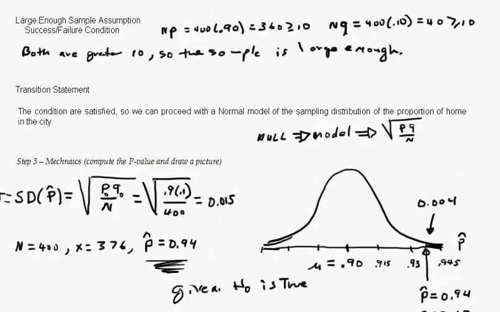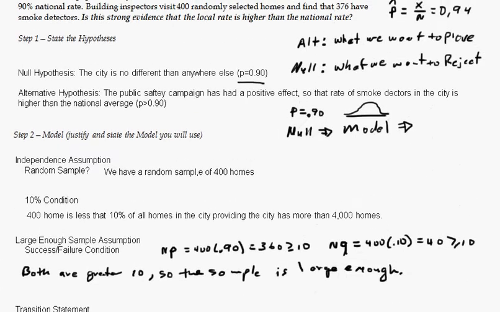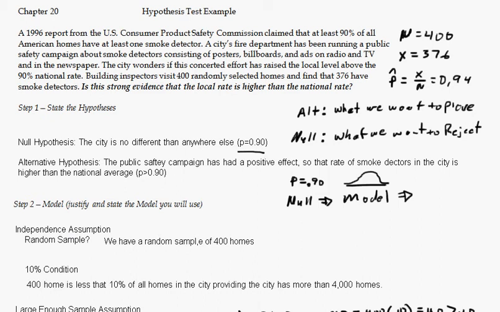Okay, this is the fourth video for this smoke detector problem that I'm using as an example of doing a hypothesis test for proportion. Let's just recall what has happened here. The national average of the percent of smoke detectors in homes is 90%.